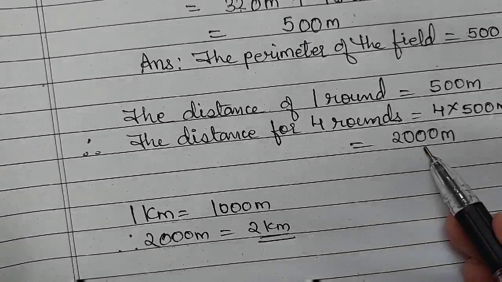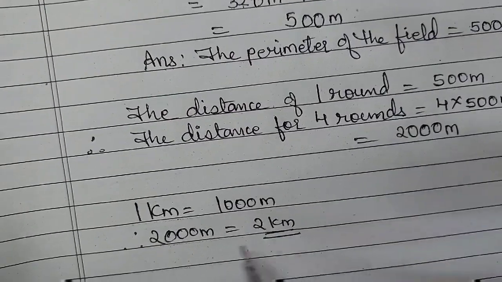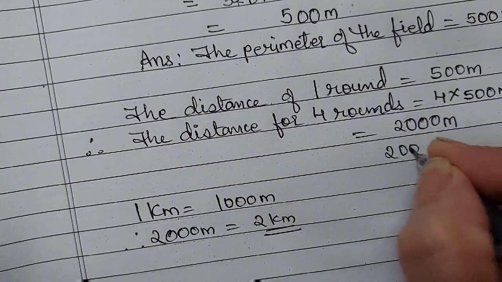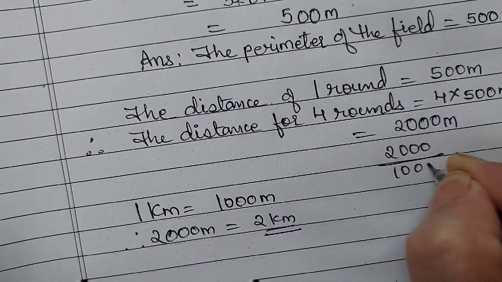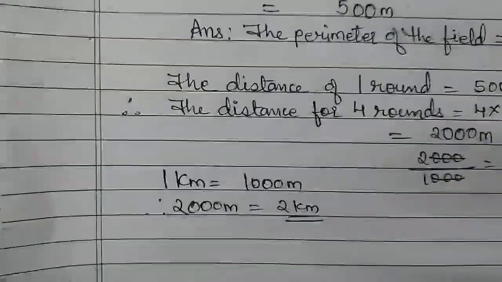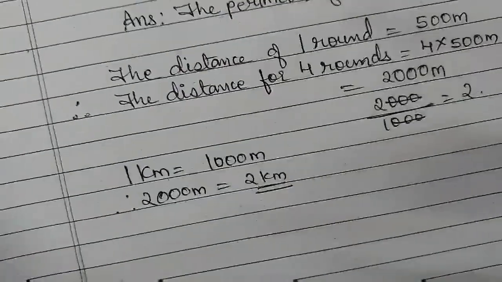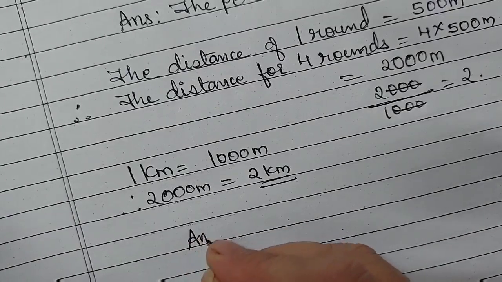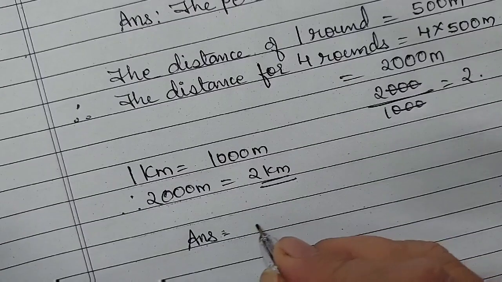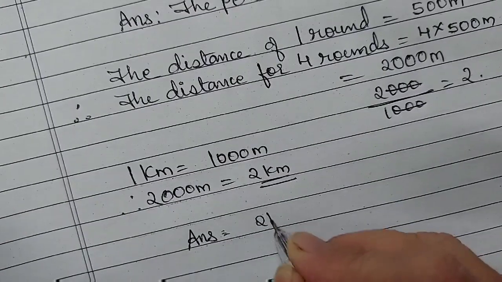Now here we found out 2. So when 2000 is divided by 1000, what will you get? It is 2. Understood? So the answer is 2 kilometers.